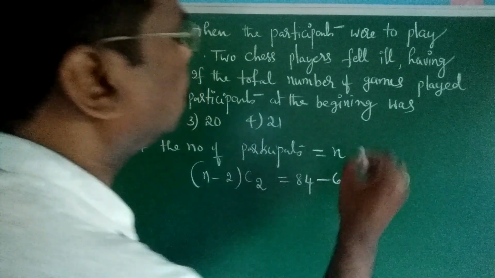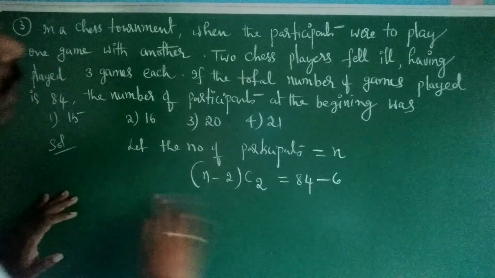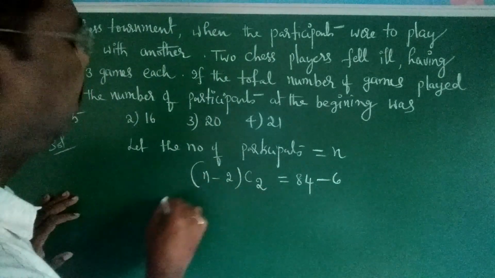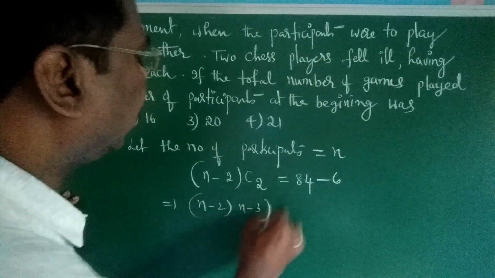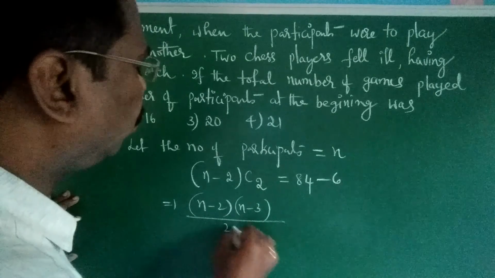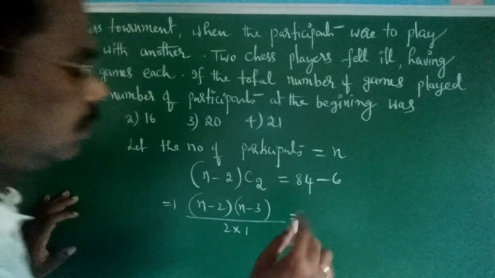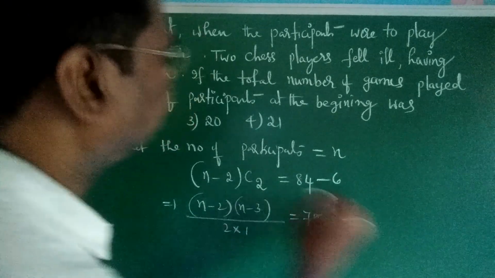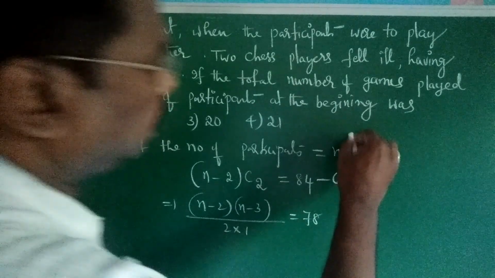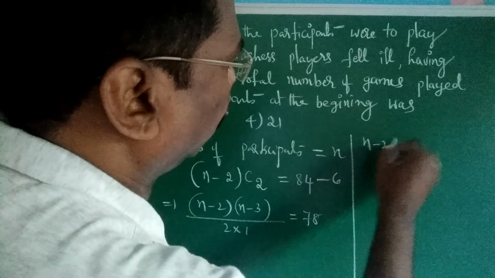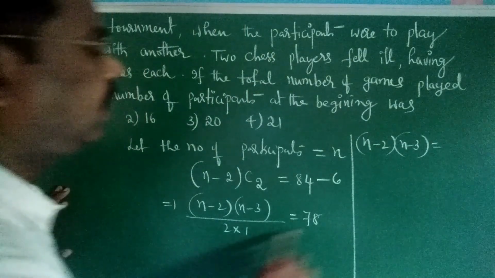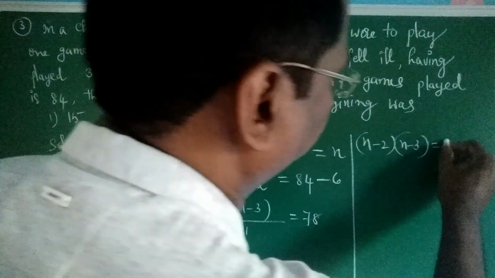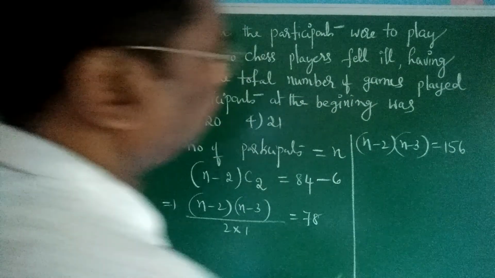84 minus 6. Now n minus 2 C2 means n minus 2 into n minus 3 by 2 into 1 is equal to 78. By cross multiplication, n minus 2 into n minus 3 is equal to 78 into 2, which is 156.